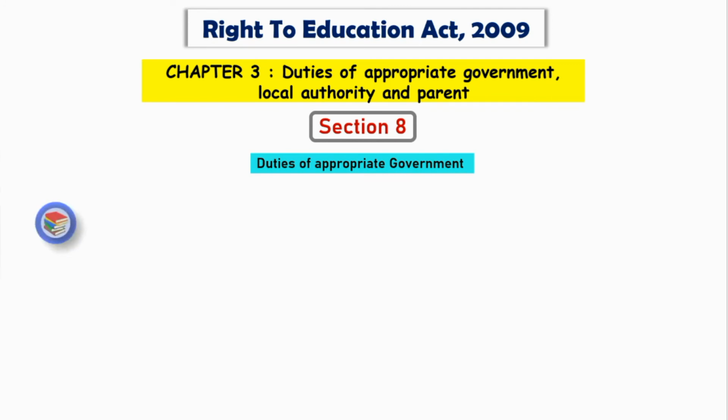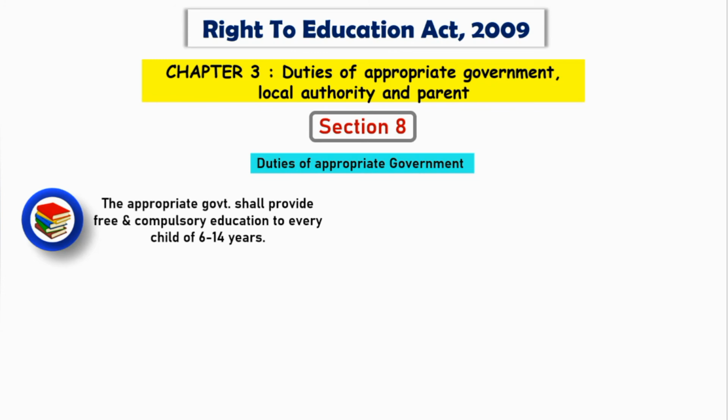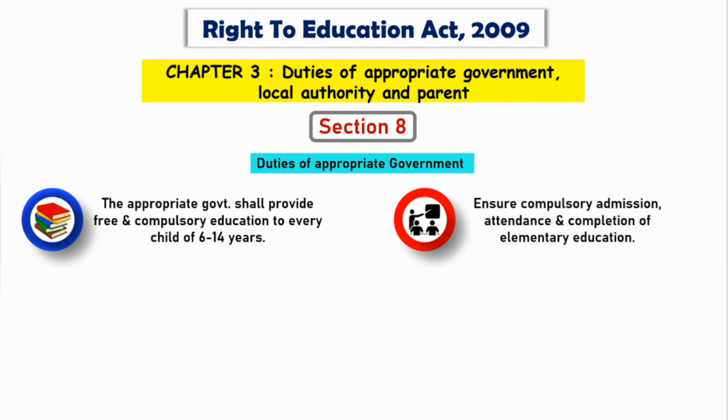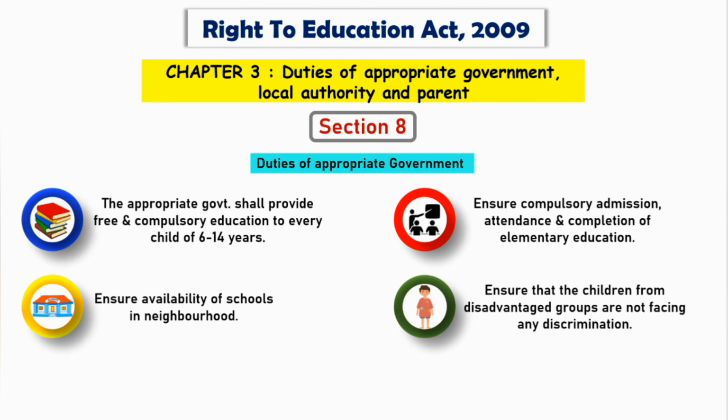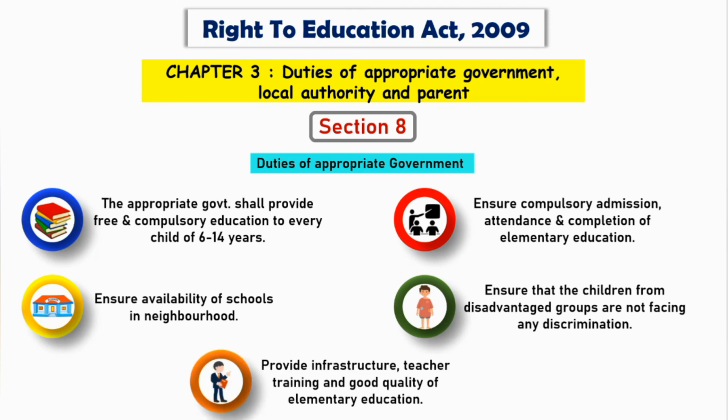It says the appropriate government shall provide free and compulsory education to every child of the age of 6 to 14 years, ensure compulsory admission, attendance and completion of elementary education, ensure availability of schools in the neighborhood, ensure that children from economically weaker sections and disadvantaged groups are not facing any discrimination, and provide infrastructure, teacher training and good quality elementary education.